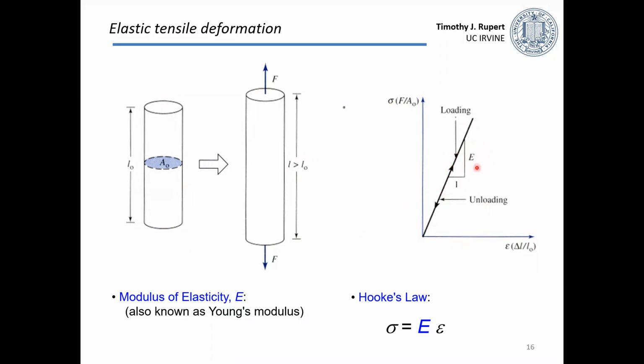Sometimes you'll hear it called Young's modulus, and we'll use the letter capital E to represent this. And Hooke's law is an equation expressing what we're showing on this plot right here. It's saying that stress and strain are linearly related, and they're related by this variable, Young's modulus.